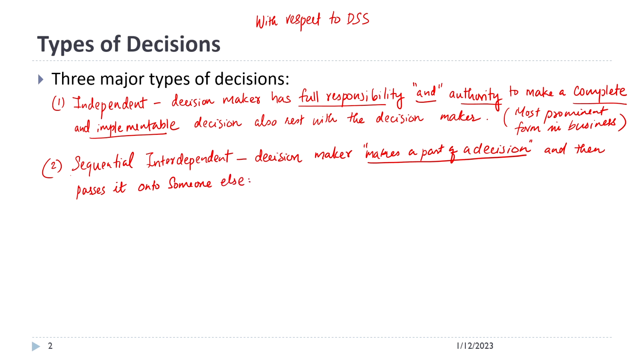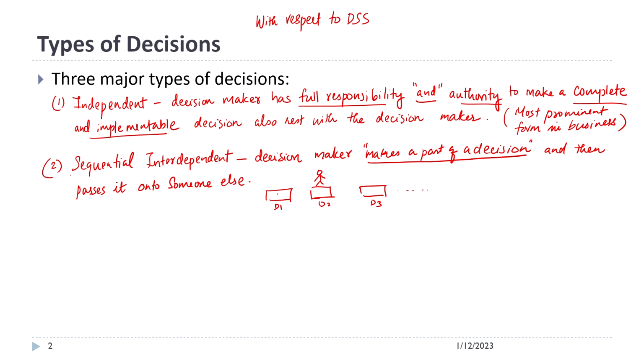So, it is kind of in a chain. You can think about it as decision 1, decision 2, decision 3, and so on. Let us say the person we are talking about is making decision 2.